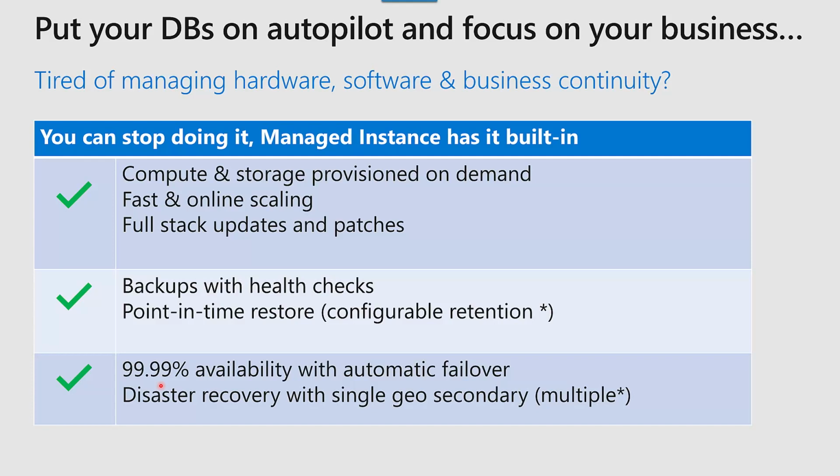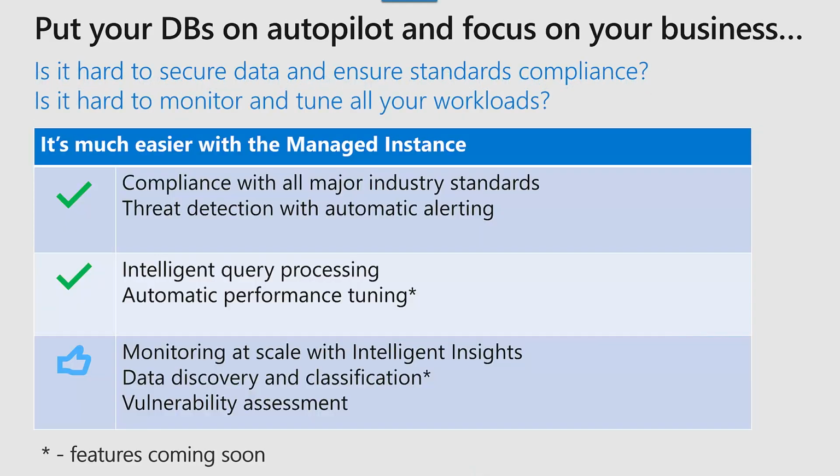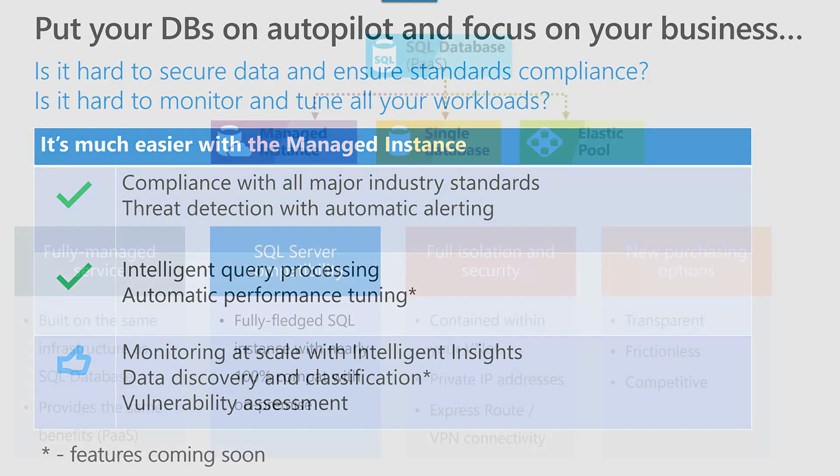You only focus on your business and your applications. So always understand the motivation of these things. I'll skip this one. These are some of the advanced features. We'll focus on the other important things.